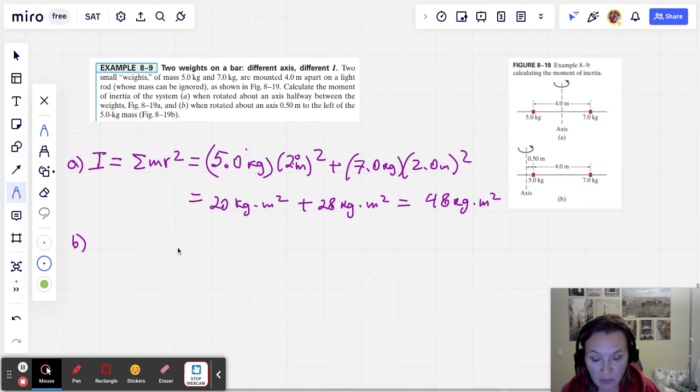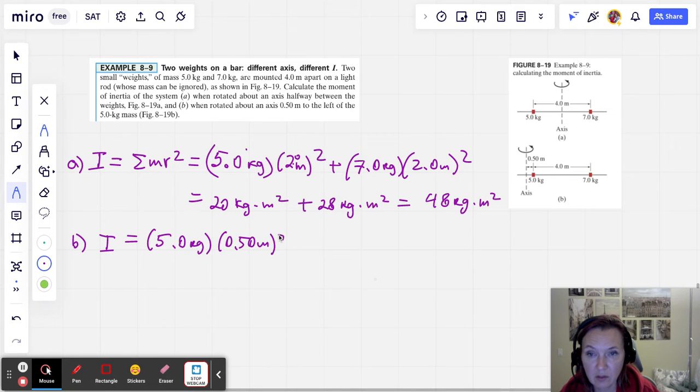Now in case B, we are using the same logic, but now the radius is going to be 0.5. So now we're multiplying our 5 kilograms times 0.5 meters squared, and then our 7 kilograms are going to be multiplied times, well, look at this, the distance between the weights is 4 plus another half, so that's going to be 4.5 meters quantity squared.